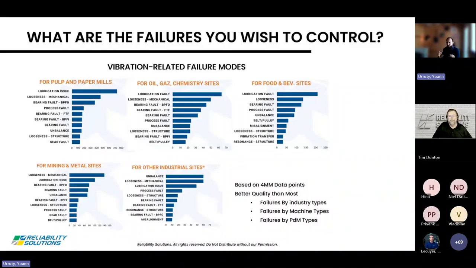And we'll get to the consolidation of that. But very quickly we can see lubrication issues, looseness issues, bearing related issues, unbalance here and there. So all those top three are the same failure.